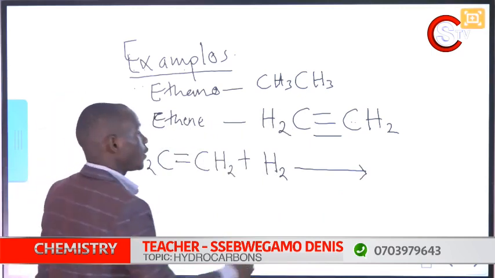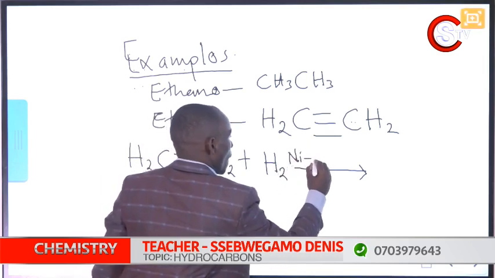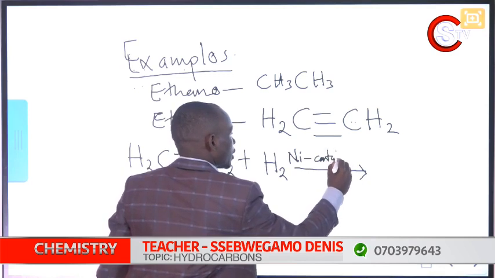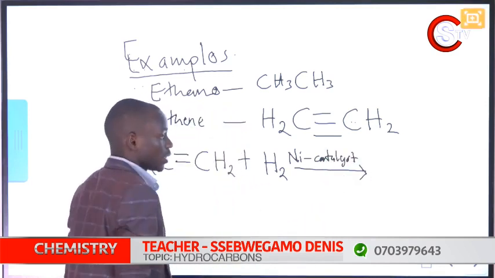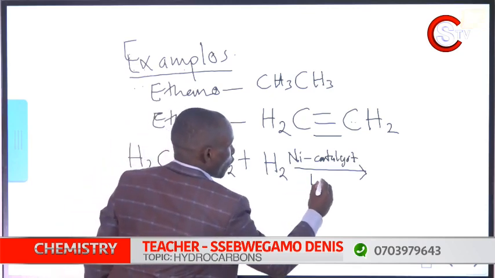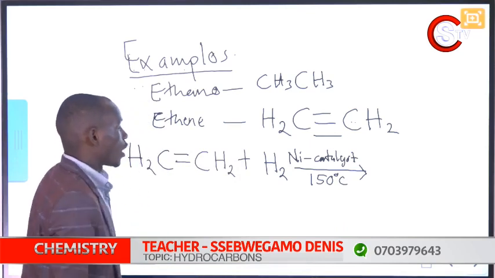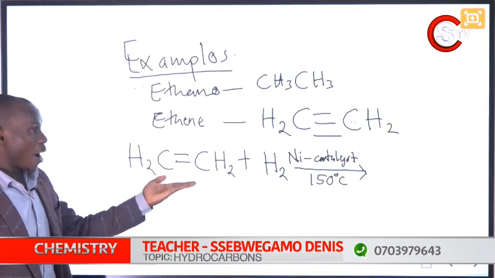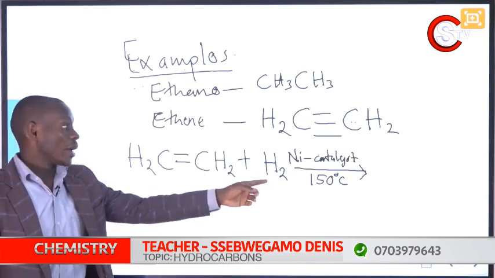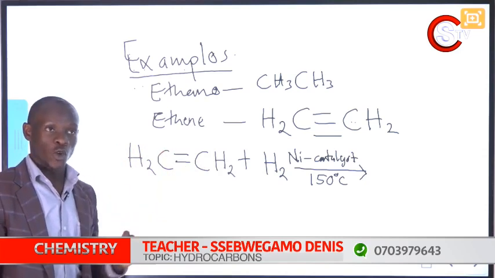For example, if I use nickel catalyst, I need a temperature of 150 or 200 degrees Celsius. I'm adding hydrogen, but the hydrogen molecule contains 2 hydrogen atoms.